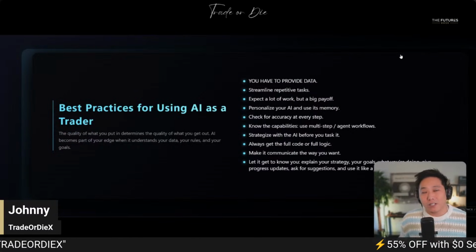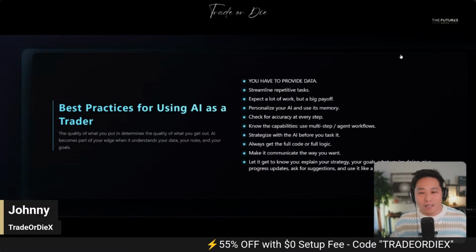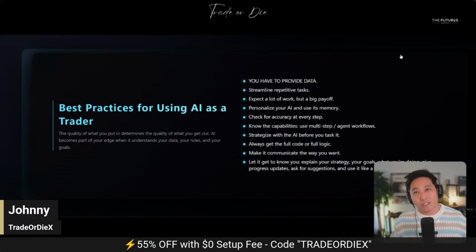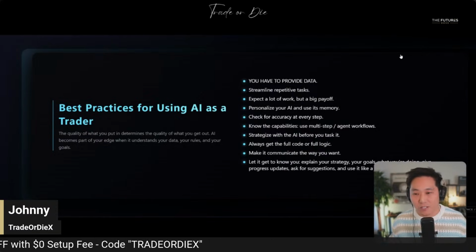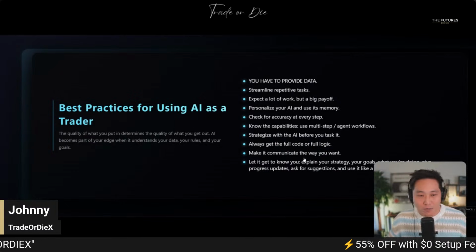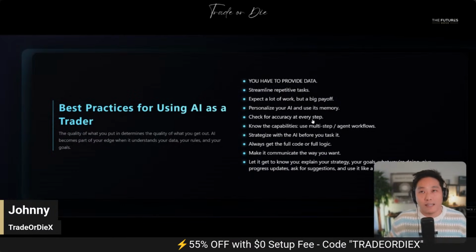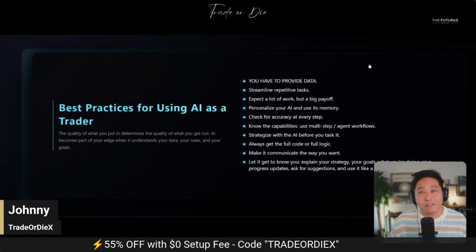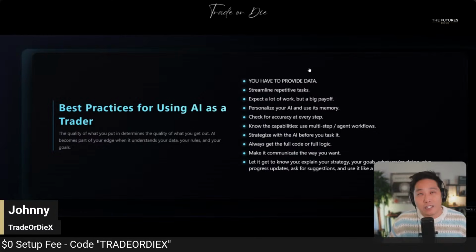So the best thing you can do, if you have control over a certain portion of the interaction with the AI, is make sure that you're giving it as much as you can to go off of. When I'm talking about data, I'm talking about either downloading tick data or order flow data, or whatever data is actually verifiable and objective, so that it has a good baseline to start.